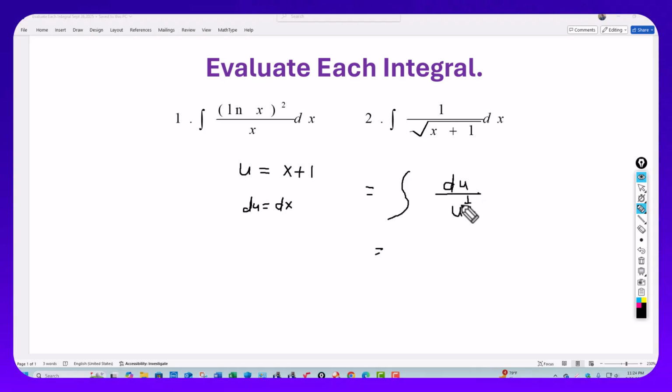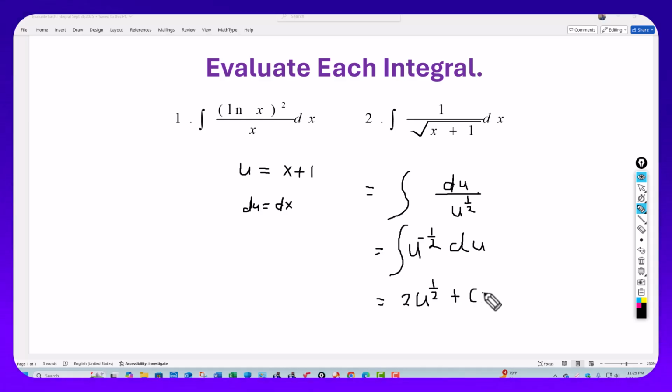Simple integration now with respect to u. Take this upstairs, becomes the negative 1/2. And we just add 1 to the exponent of negative 1/2. We get a 1/2, u to the 1/2. And then we divide the coefficient 1 by 1/2, we get a 2. And then it's plus the constant of integration.